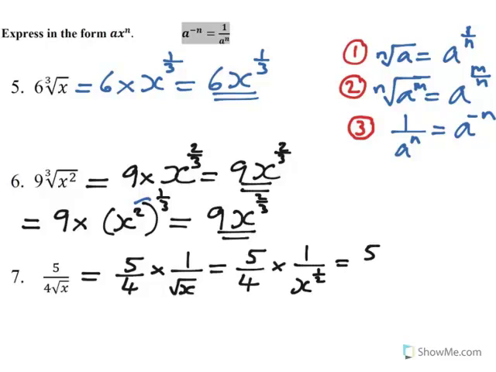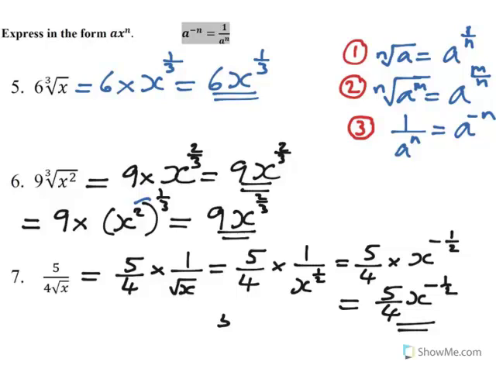And based on rule 3, 1 over x to the power of a half becomes x to the negative a half. So the answer would be 5/4 times x to the negative a half. We miss out the times sign. Or, if you prefer, you can say it's 5x to the negative a half over 4.